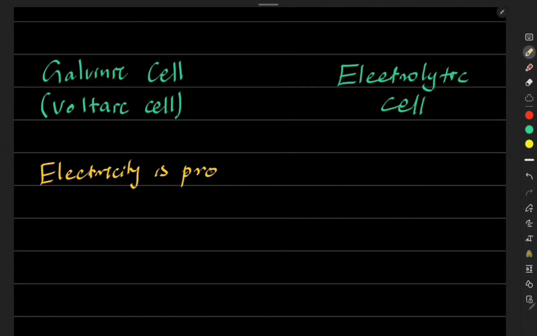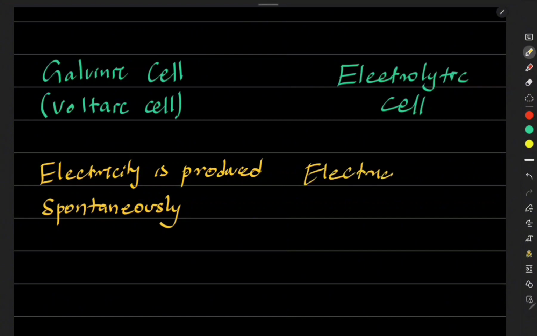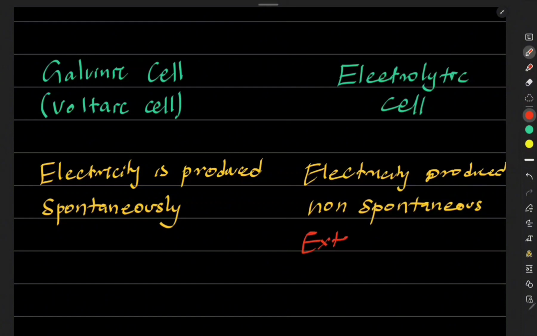In an electrolytic cell, electricity is produced, but it is non-spontaneous. We need to supply external current.